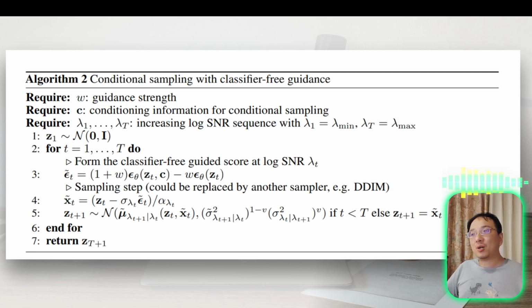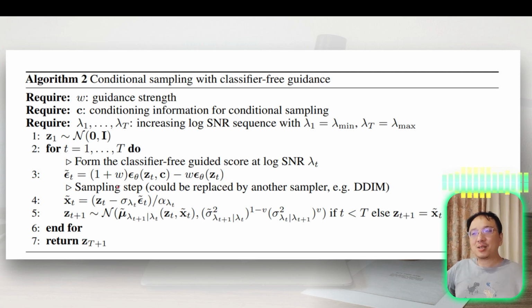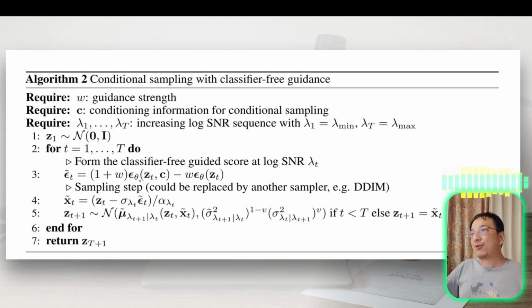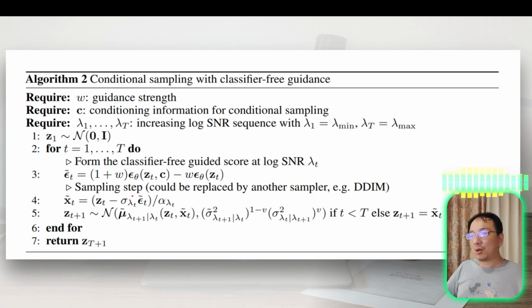It doesn't stand for config, it stands for classifier-free guidance. It is a parameter you can change, and it will have some impact on the image generated by the model. Because it is classifier-free guidance, it corresponds to the weight, the w right here. So you can choose different w to get a different generated result.